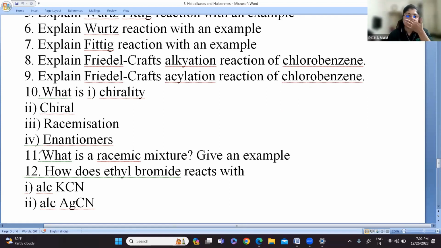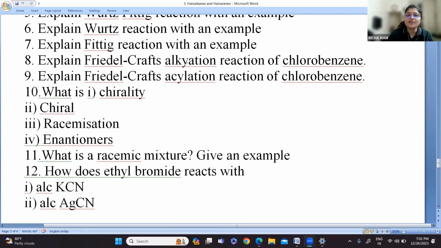Okay. Next is racemization. What do you mean by racemization, students?